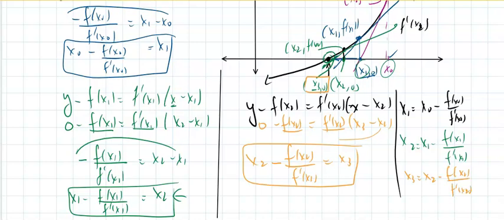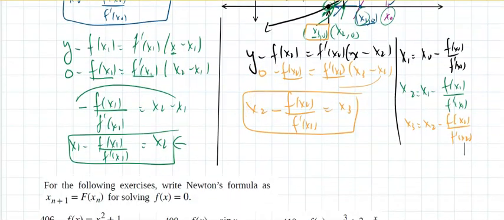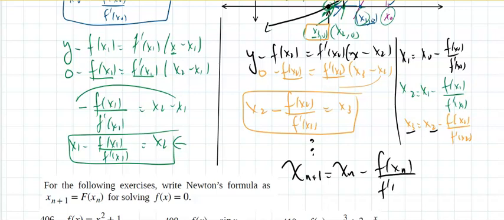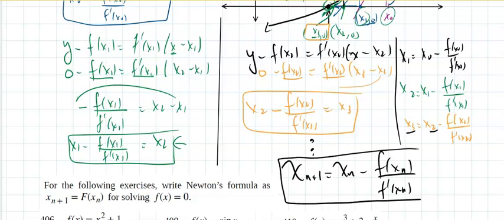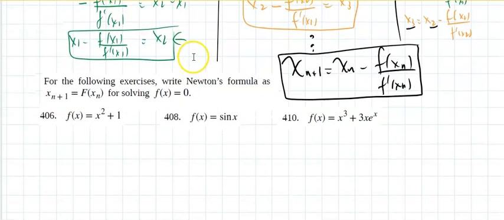So in general, if this trend continues, x sub n plus 1 is the previous term minus f of x sub n divided by f prime of x sub n. All I need is a starting point, and then this will all fall into place.